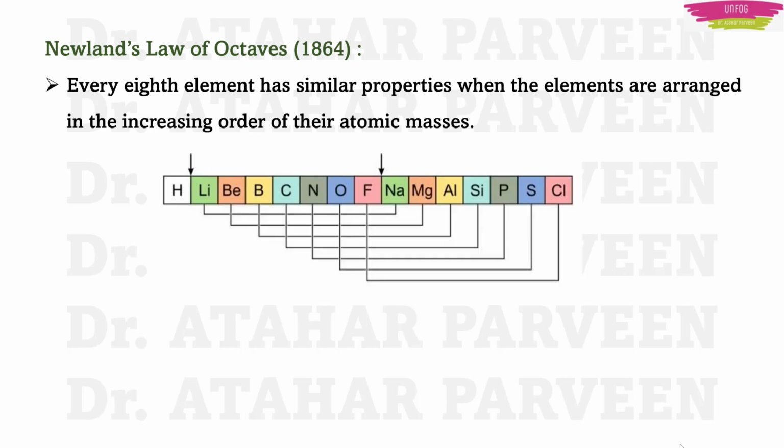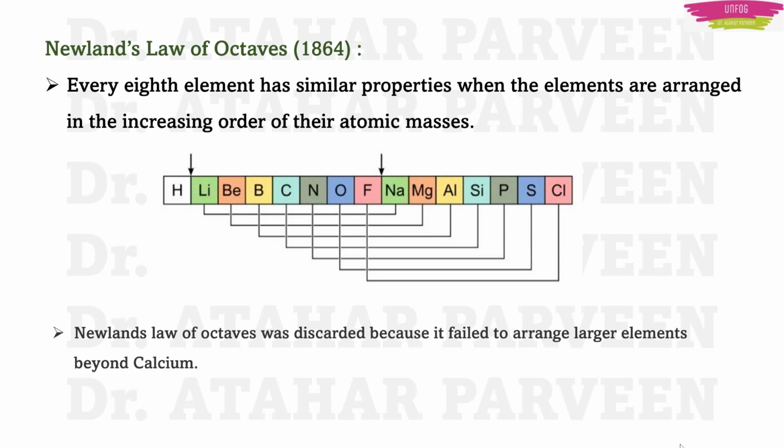So if you have elements arranged like this, then every 8th element would resemble the first element. Then again, if you start from lithium, from there again the 8th element would resemble lithium. Again you start from beryllium, from there you count 8 elements, then the 8th element will resemble beryllium. That is what Newland told.